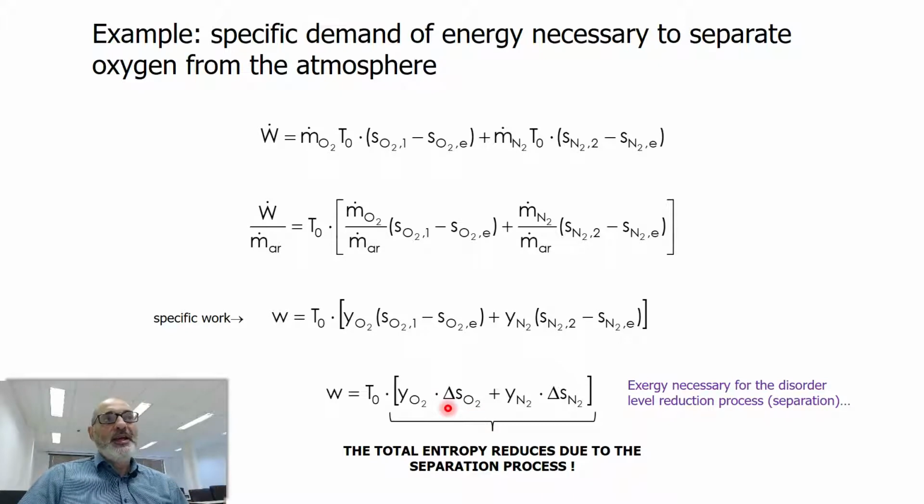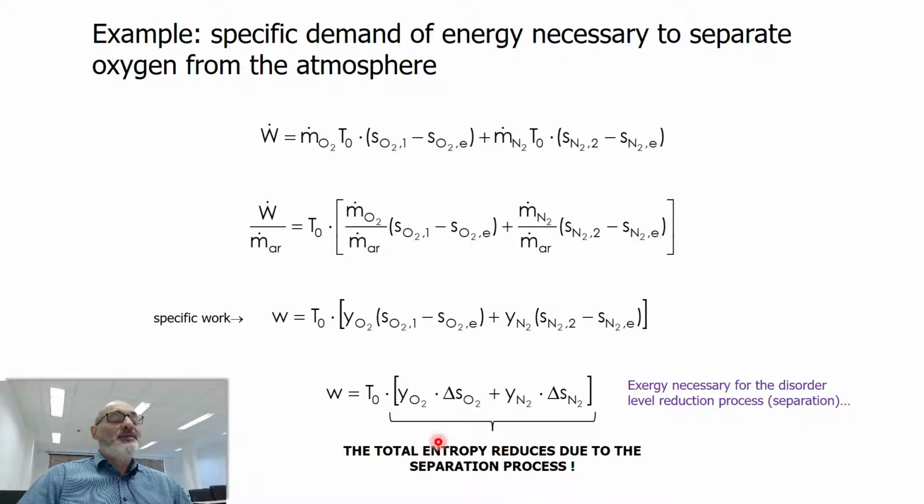Since we know that entropy is decreasing because the level of order is increasing, we know this is going to be negative. So this is the exergy necessary for the disorder level reduction process, which is our separation process.